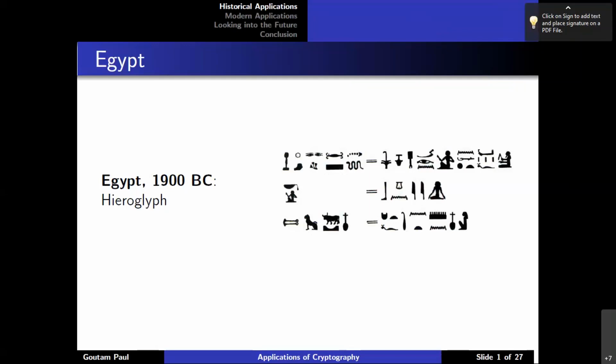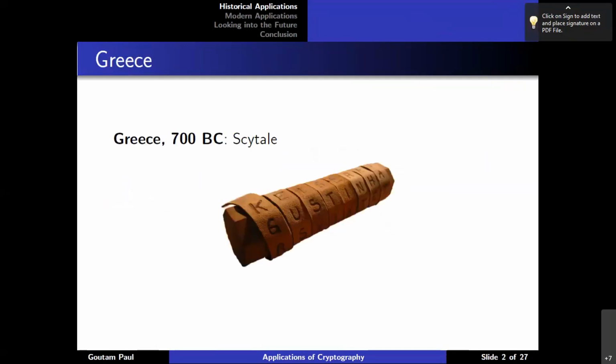Okay, so to us, those are cryptographic messages, encrypted messages. In ancient Greece, around 700 BC, they used a device called scytale. Now, this is interesting. The sender and the receiver each had one stick, as shown here.